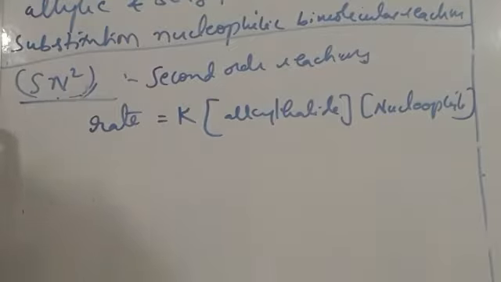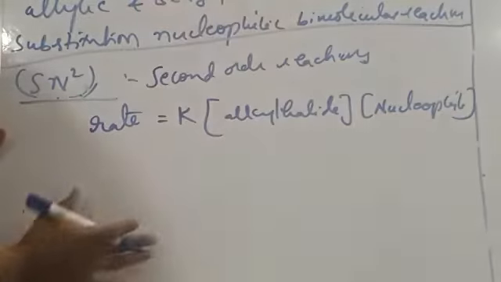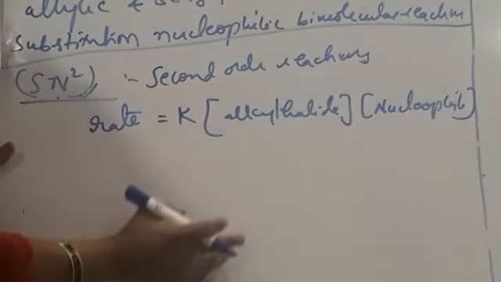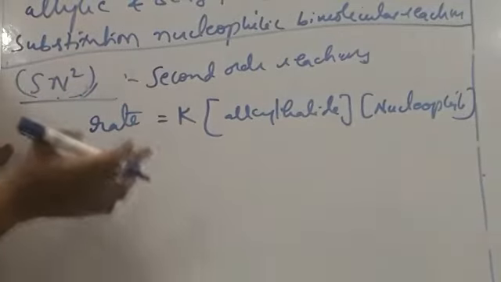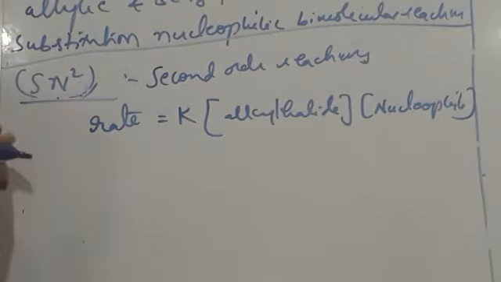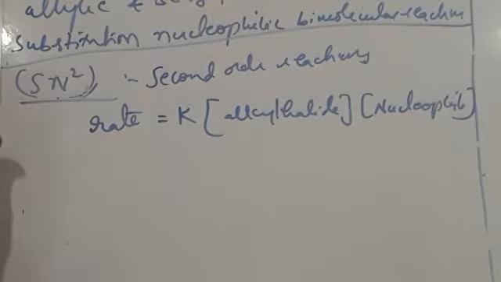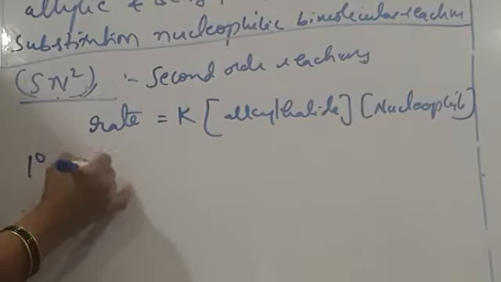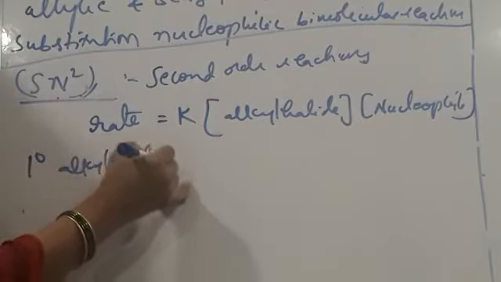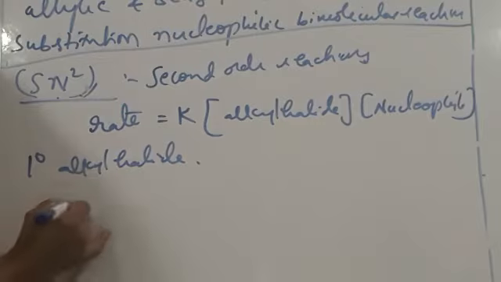Whereas in SN2 reactions, this is a single step reaction. Alkyl halide undergoes reaction with a nucleophile and it forms a transition state. From the transition state we get the final product. So this is the single step reaction. For example, primary alkyl halide, which is methyl chloride.